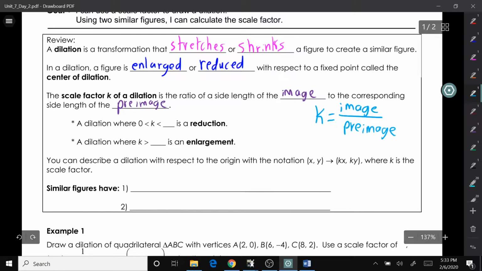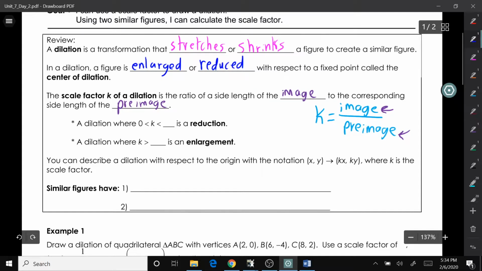You remember yesterday how you guys had those two pictures and we did the photo 2 divided by the photo 1, where we had photo 2 on top and then photo 1 on the bottom, and then we divided that to get that scale factor.